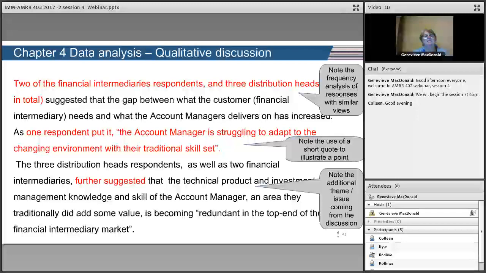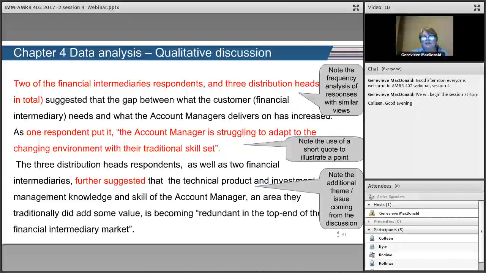So again, if we actually analyze it, note the frequency analysis of responses. 2 financial intermediaries, 3 distribution heads. So you know it's 5 people that actually agreed on the fact that there's a gap between what the customer wants and what the account managers deliver.